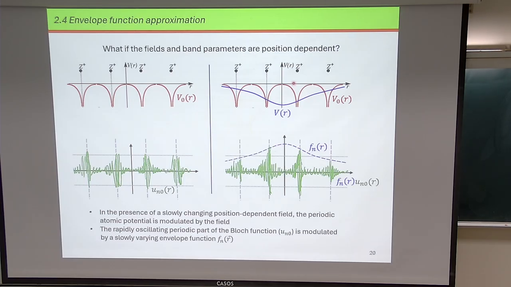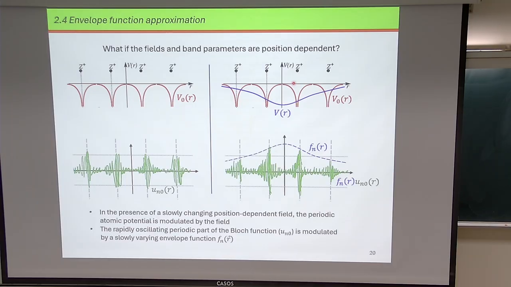It's not going to be periodic anymore because the external potential is not periodic. So the periodic parts of the Bloch functions are not going to be periodic anymore; they will be modulated with an envelope function. This envelope function, which I call F, modulates the amplitude of these oscillations of the periodic part of the Bloch function.